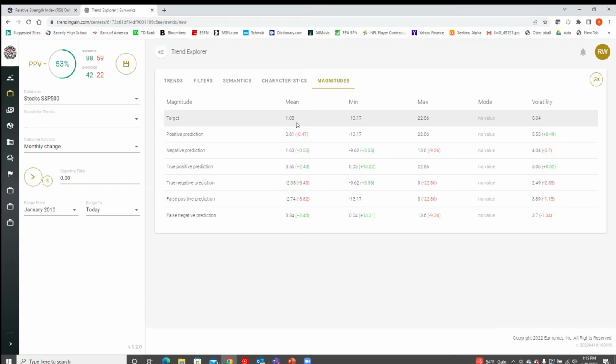So I want to be real careful in how I say this so as not to create too many problems. When the relative strength is greater than 70, the average price change is plus 61 cents. So the theory is wrong. The original hypothesis is absolutely wrong. And again, the original hypothesis was if the relative strength is greater than 70, the stock price should go down.